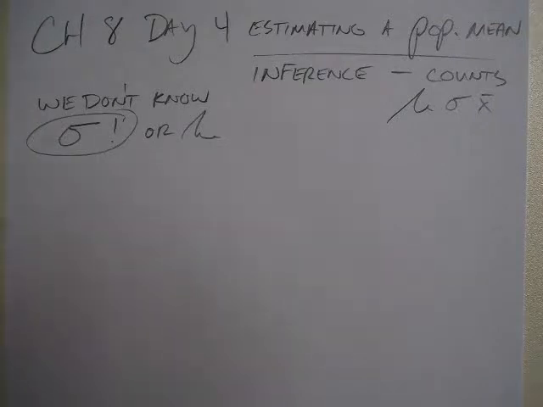So the other day, I said that if we don't know P, the population proportion, what do we do to substitute? Replace it with P hat. Exactly. So if we don't know sigma, what do you think we might replace that with?